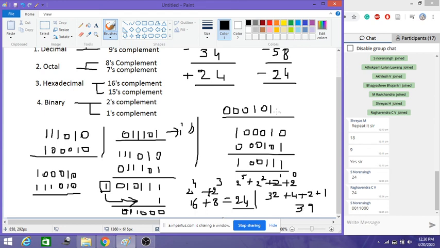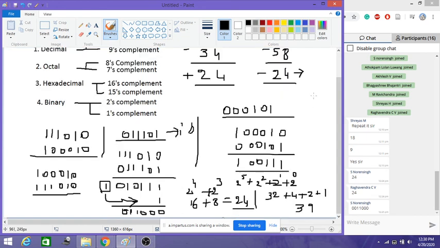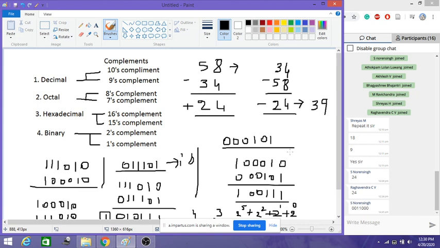So rather than writing this as minus 24, the answer is 39. So 39 is the 9's complement of minus 24, because in binary there is no way that we can represent negative numbers directly. So this is how we will represent the negative number.